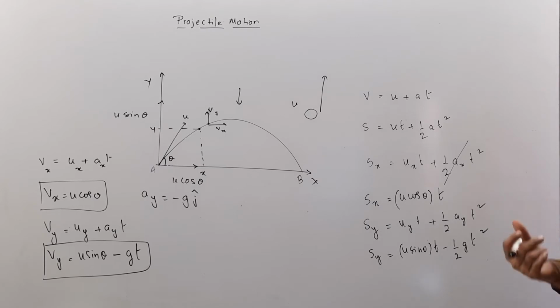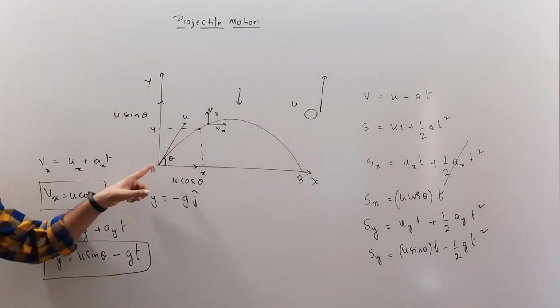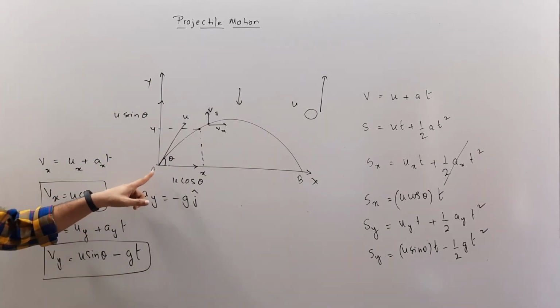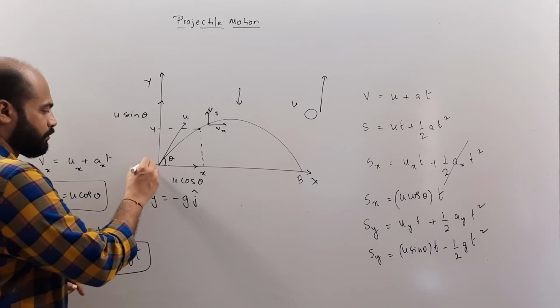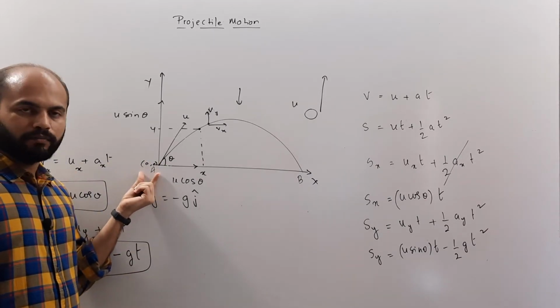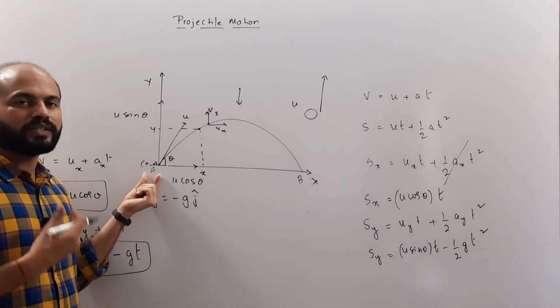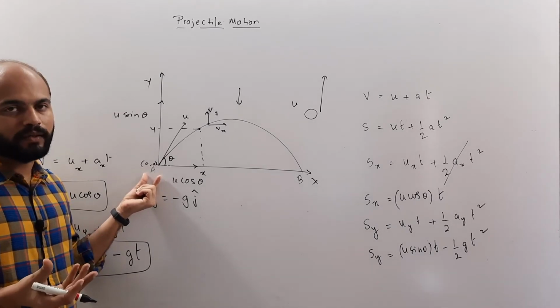Now even before I combine that, you can see that if I consider this point, then this is 0, 0 origin. So Sx and Sy both are 0 over here, because this is the starting point. There is no displacement in x, there is no displacement in y.